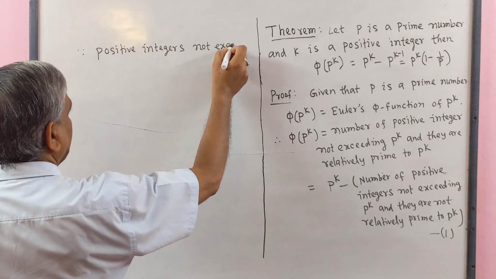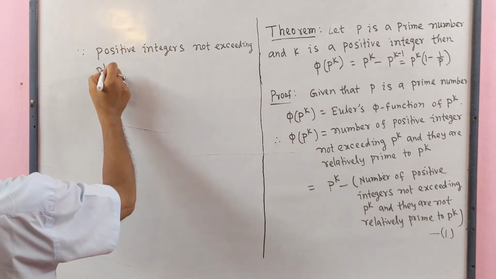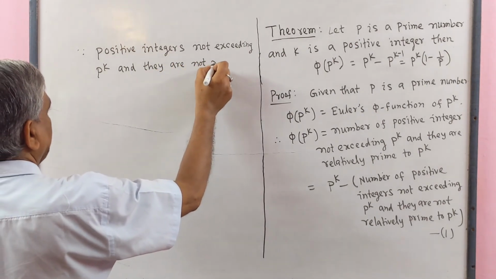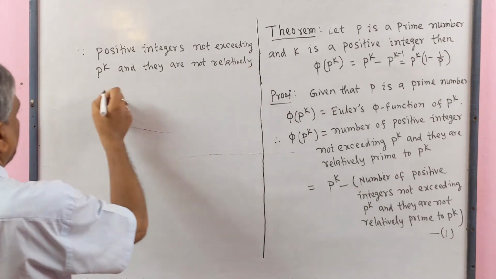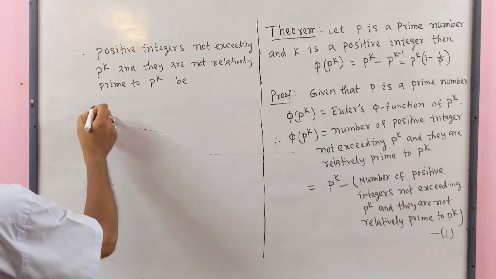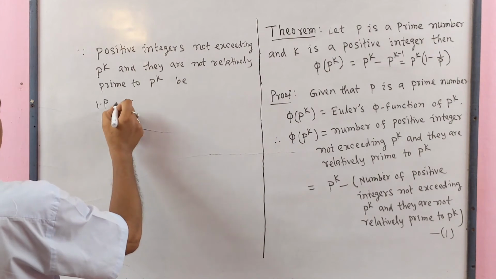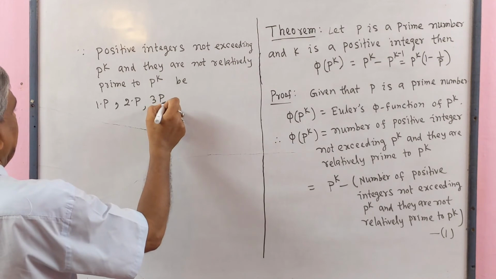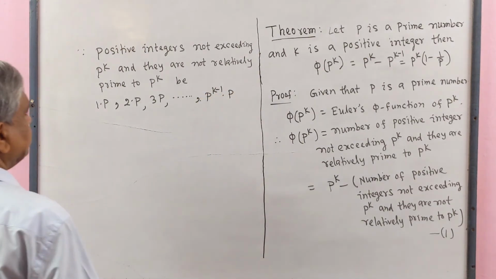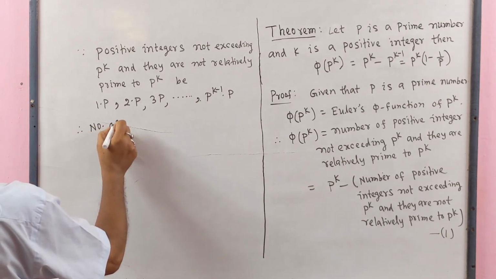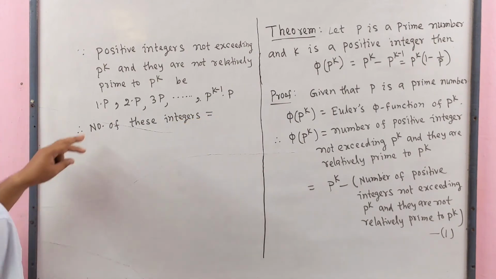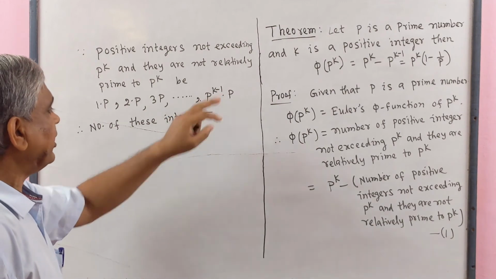Since the positive integers not exceeding p^k and not relatively prime to p^k are 1 multiply p, 2 multiply p, 3 multiply p, ..., p^(k minus 1) multiply p, the number of these integers equals 1, 2, 3, ..., p^(k minus 1).